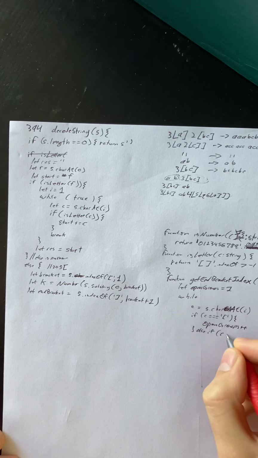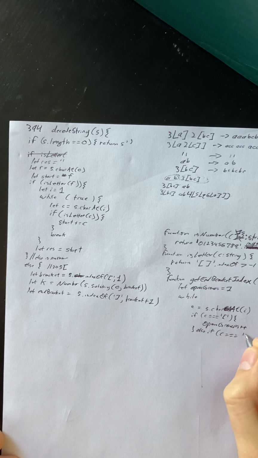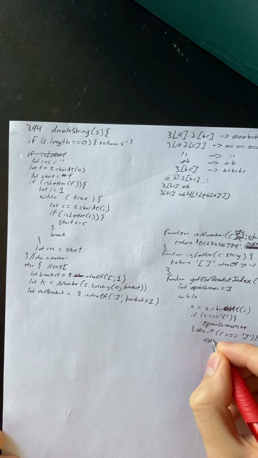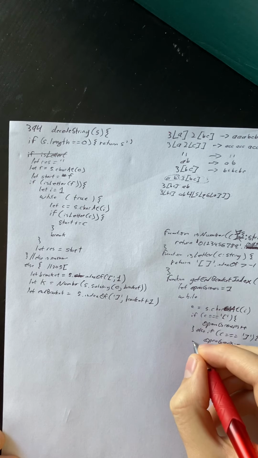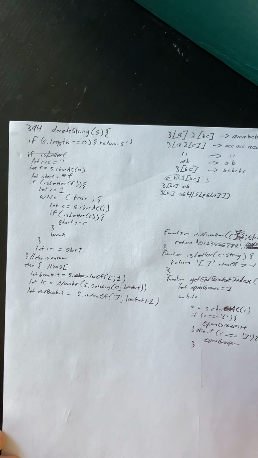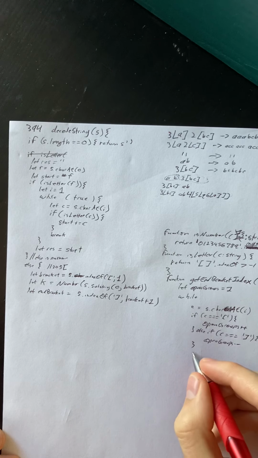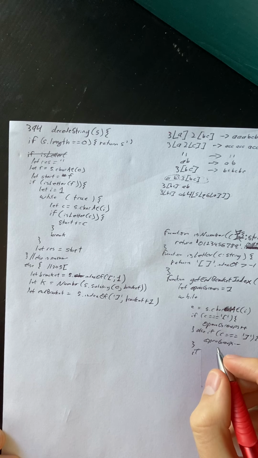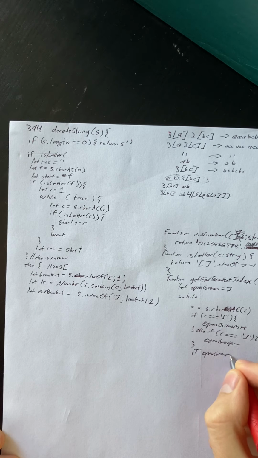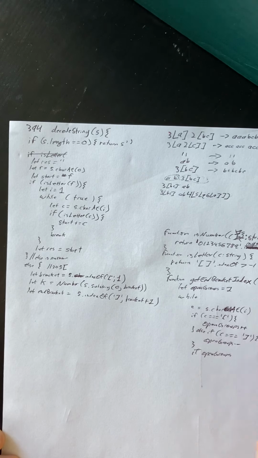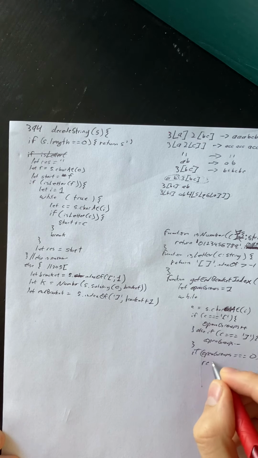Otherwise, if C is a closed bracket, do open groups minus minus. Otherwise, do nothing, just go into the next part of the loop. And if open groups ever reaches 0, that means we found the ending bracket, meaning we should return the index we're at.